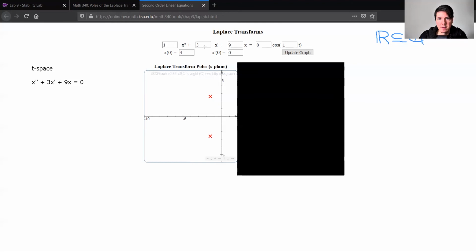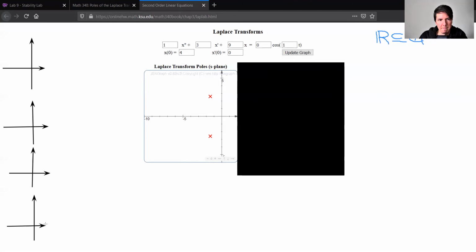So for instance, I'm going to erase this and start drawing some graphs. First, let me draw a bunch of S-planes. Some of the axes might be a little crooked. Apologize in advance. There we go.